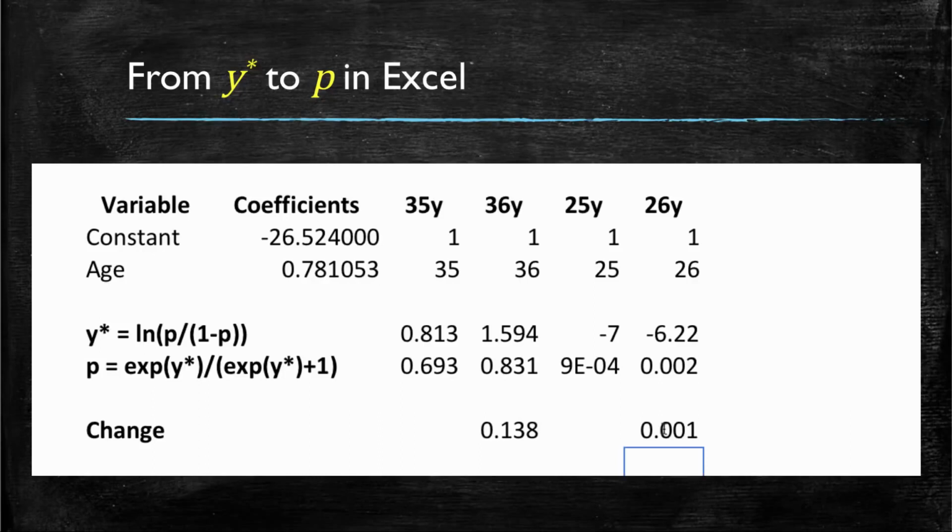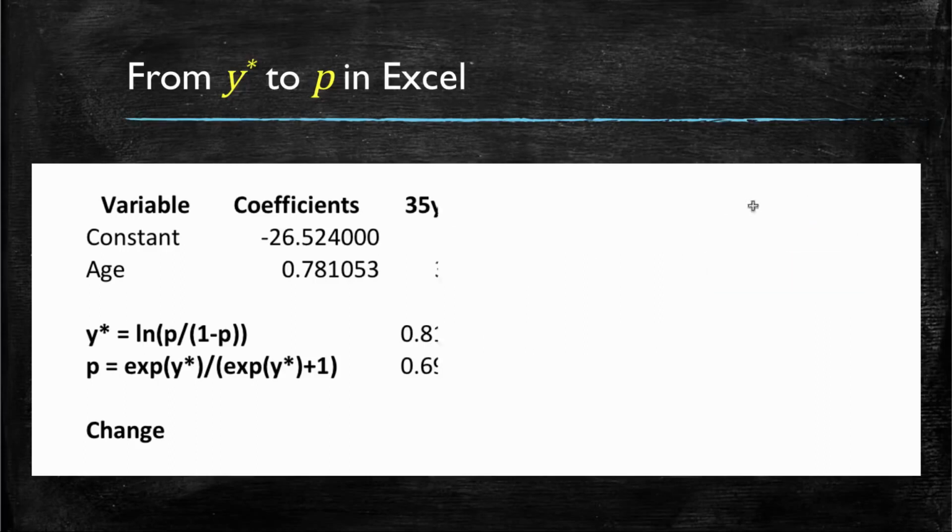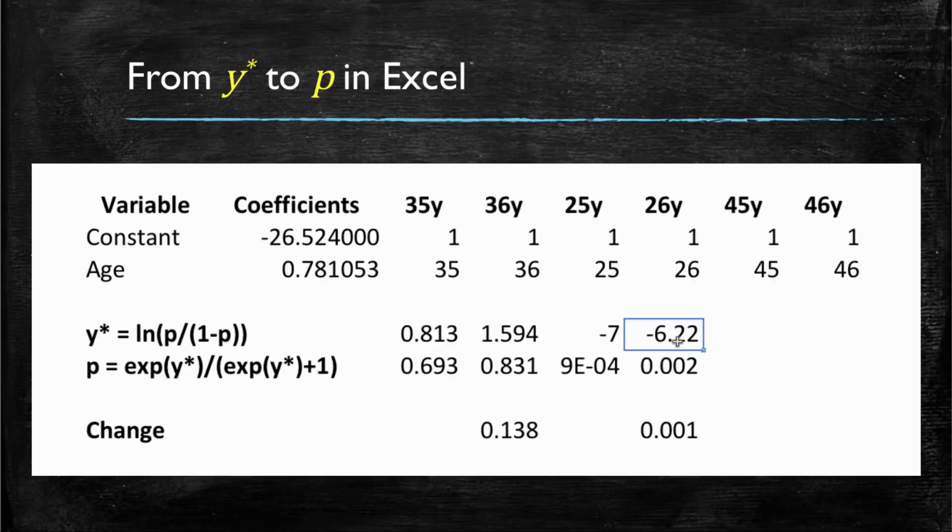Now let's go to the other extreme, to the older customers, and check what happens if we have a customer that goes from 45 years of age to 46 years of age. I'm going to have ones here again, 45, 46, and I'm going to drag my formulas.